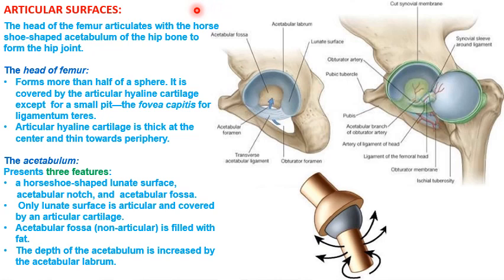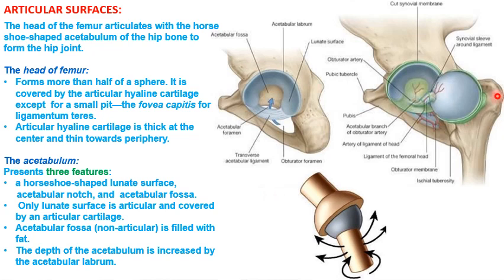Coming to the articular surfaces, the bones forming the joint are the head of the femur, which articulates with the horseshoe shaped acetabulum of the hip bone to form the hip joint. Now coming to the head of the femur.